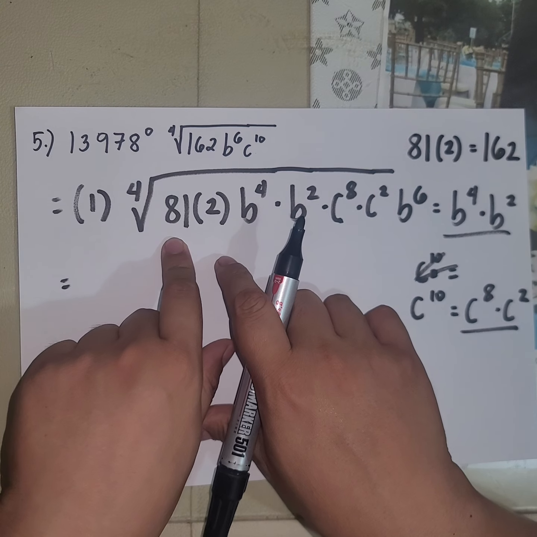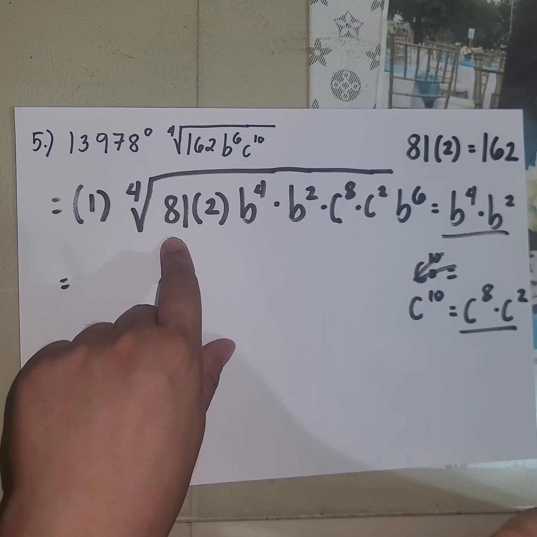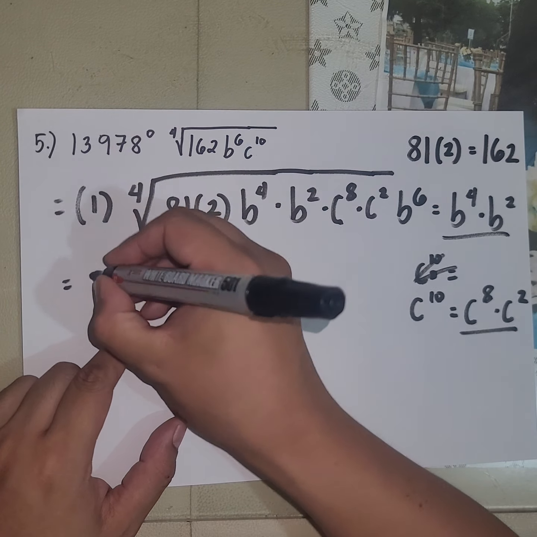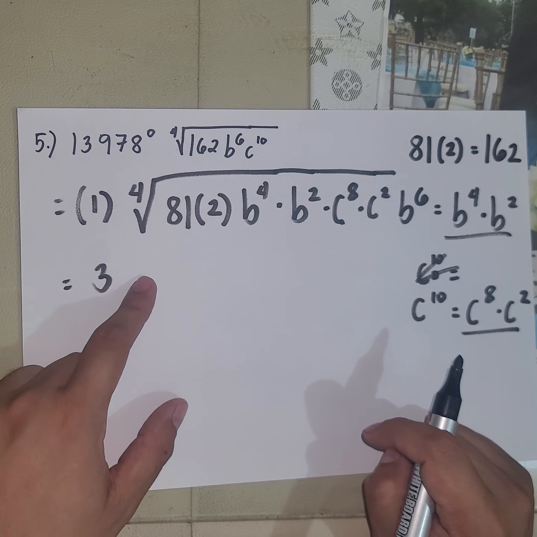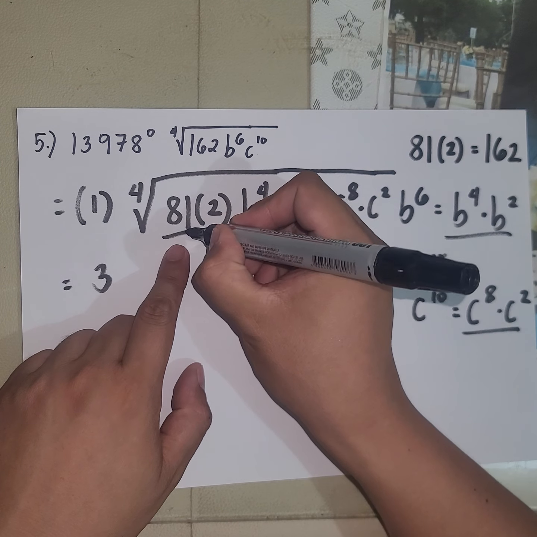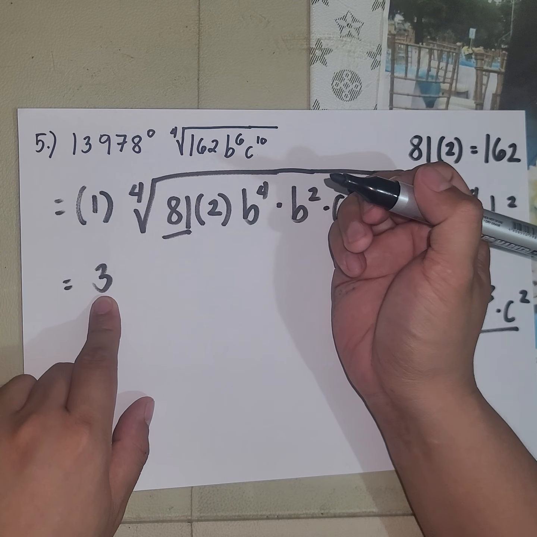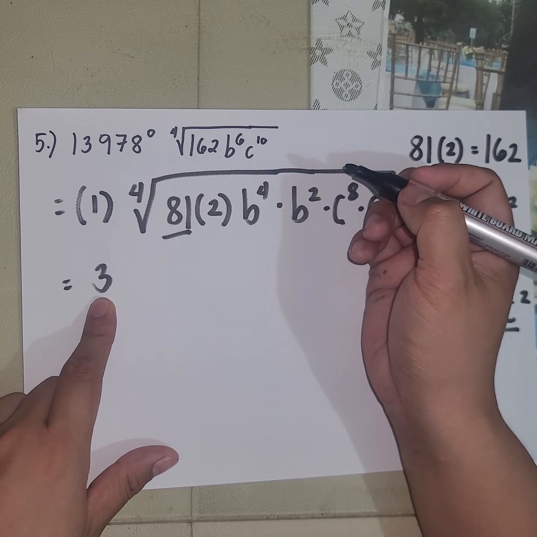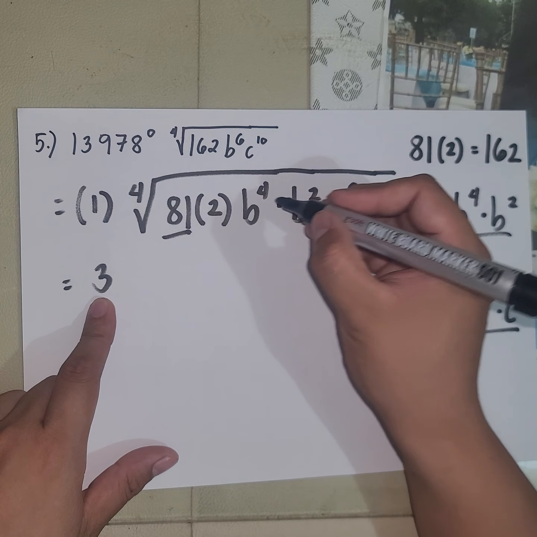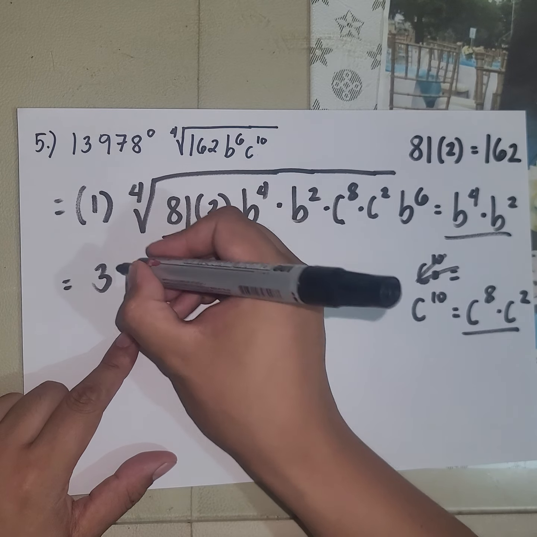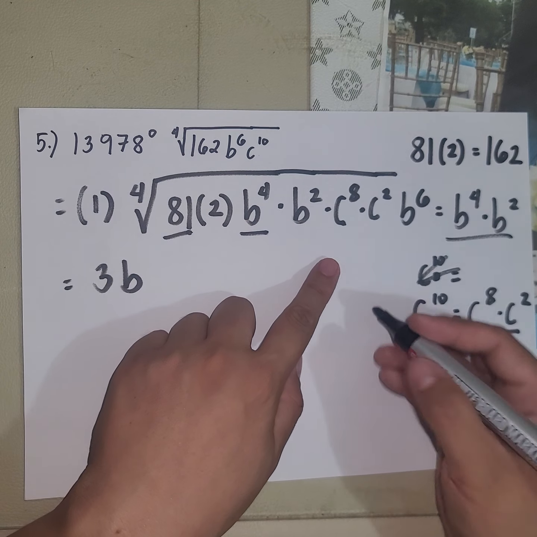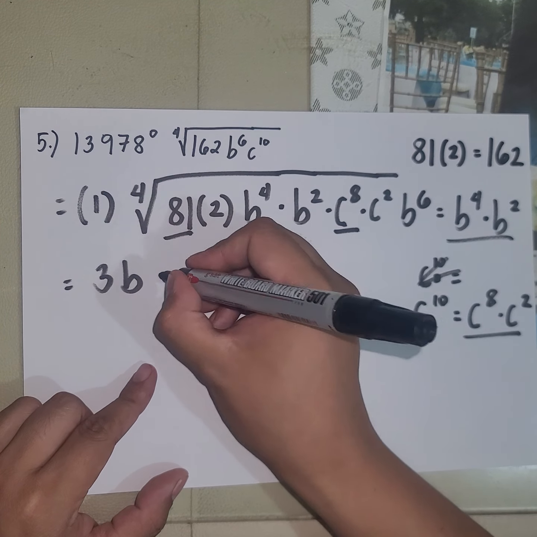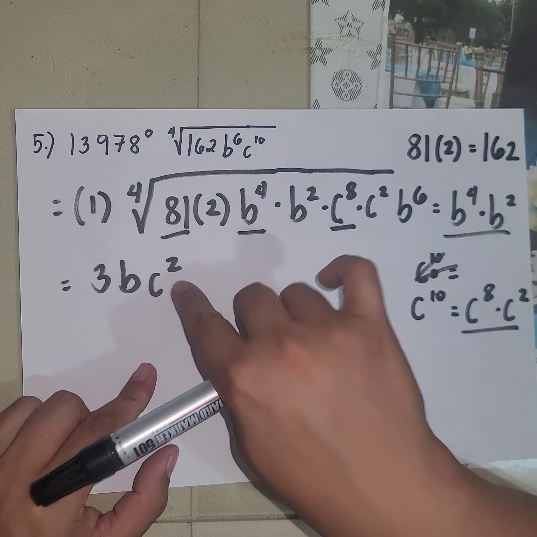So, tingnan natin. Fourth root of 81, that is 3 times 3 times 3 times 3. That is 3. Yung fourth root of 2, wag mo nang i-reduce yan. Ito yung matitira sa loob ng radical sign. How about fourth root of B raised to 4? That is B. And then the fourth root of C raised to 8, that is C squared.